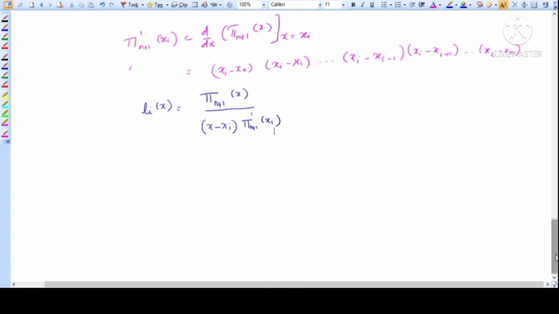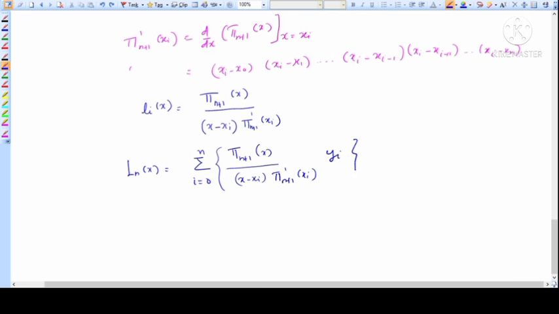So we can write the Lagrange's interpolation formula like this: Ln of x is equal to sigma i equal to 0 to n of pi n plus 1 of x divided by x minus xi into pi n plus 1 prime of xi, into yi.